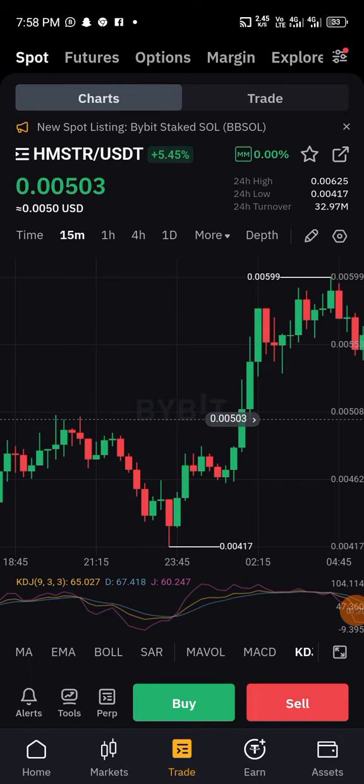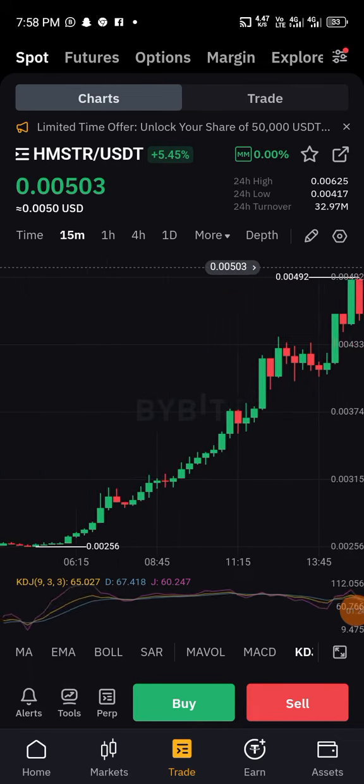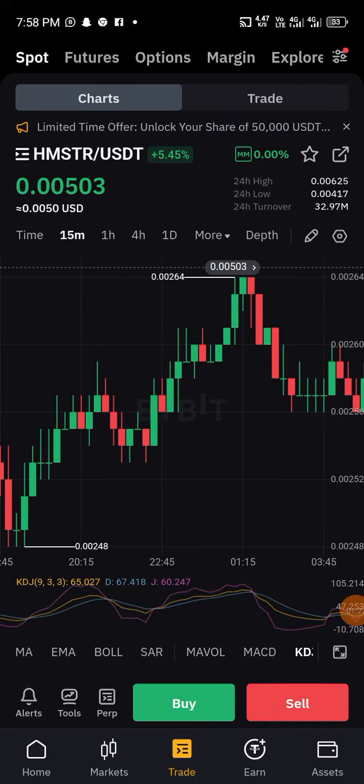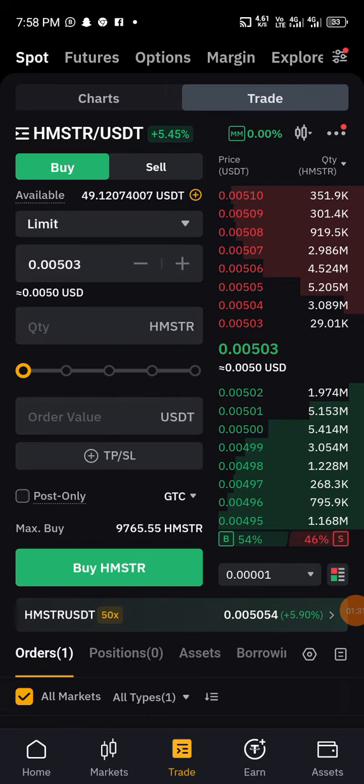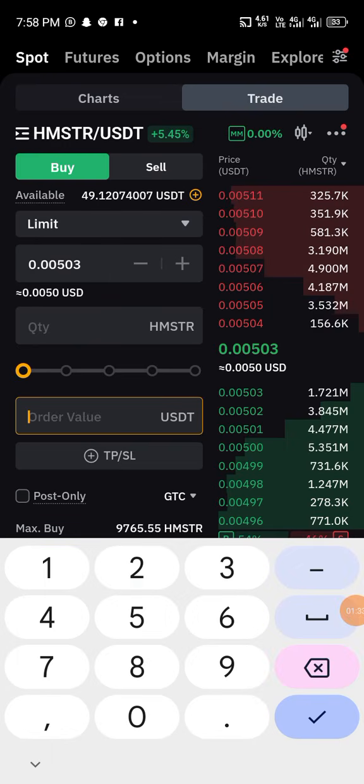All you just need to do is simple. You just need to buy at a low rate. You're going to come to this place when it's low and invest 10 USDT in it.